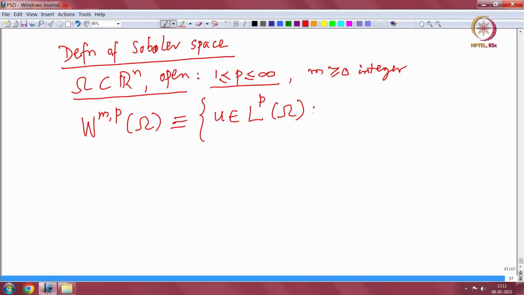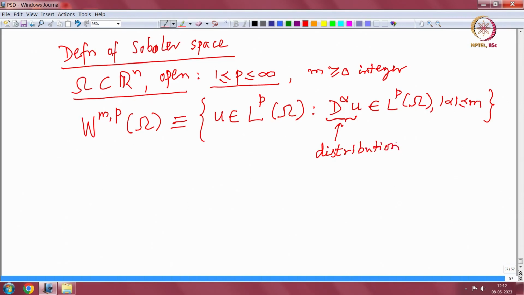such that D alpha of u is also in L^p omega for alpha less than or equal to m. And these are distributional derivatives. Being a generalized function, certainly u has distributional derivatives of any order.